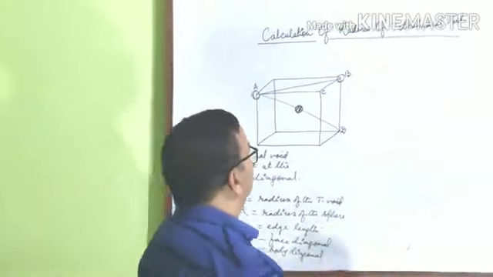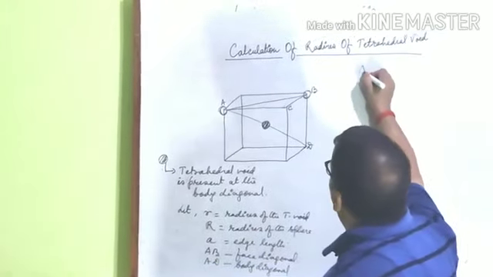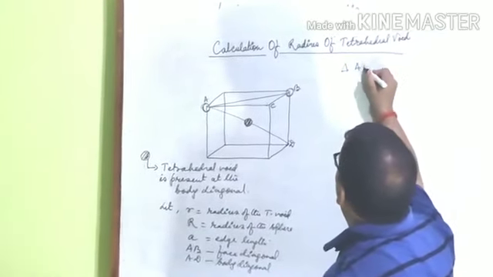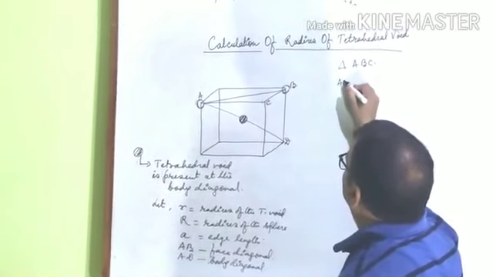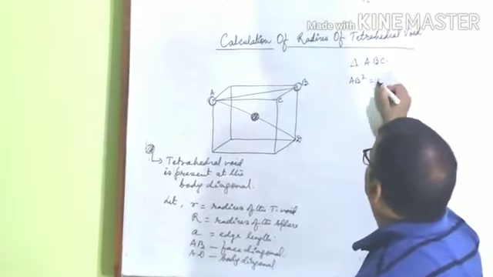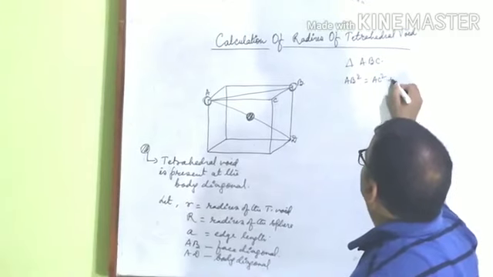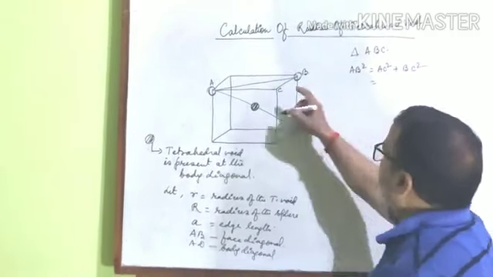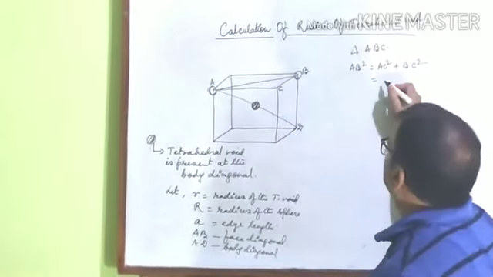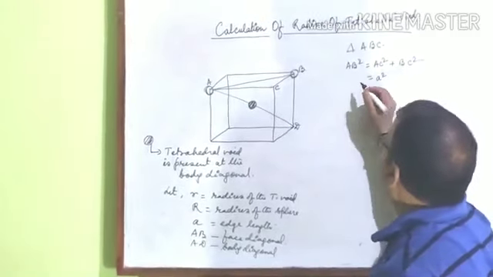Now let us assume the triangle ABC. In this triangle AB square is equal to AC square plus BC square. AC is the edge length, therefore it is a square.